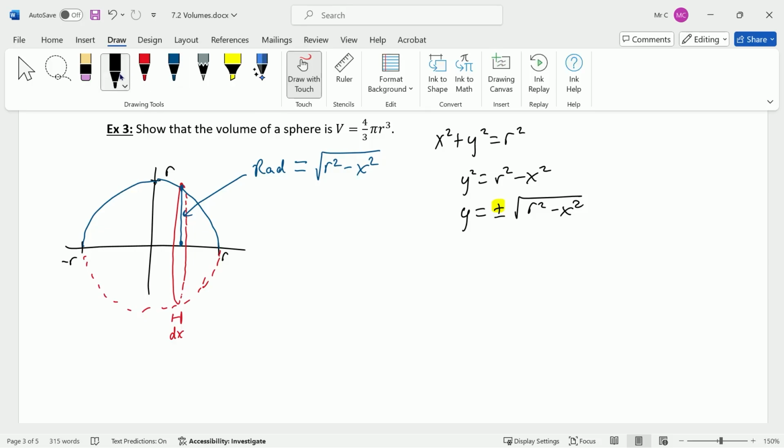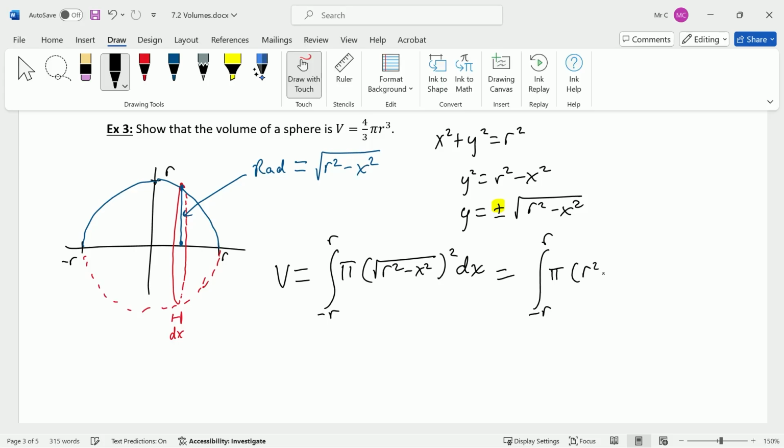Okay, now we can dig in and evaluate this integral. Volume is the integral, in this case from negative r to r, of pi times the radius squared, which is the integral from negative r to r of pi times r squared minus x squared.